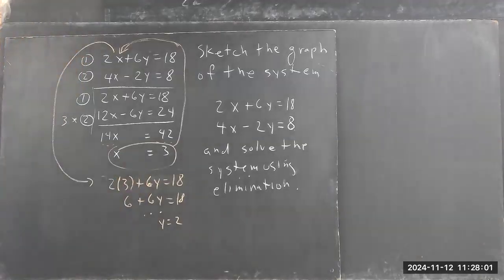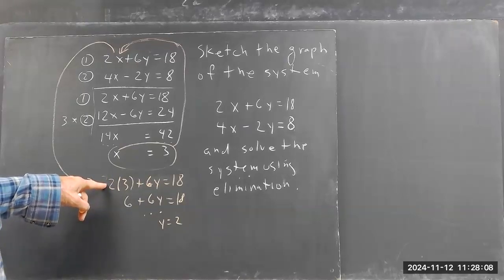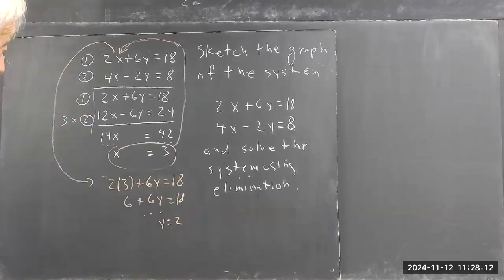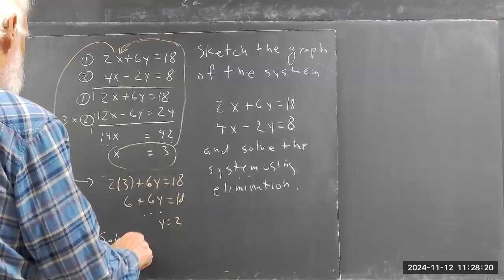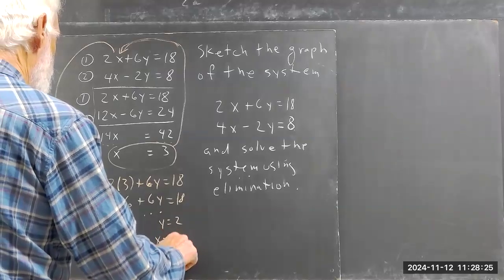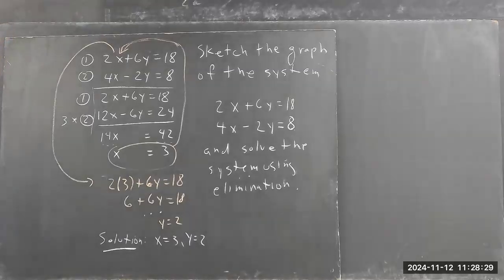Whether you see that in your head or not, you can easily fill that in. Once you get to this stage, you're home free, if you've done everything correctly. So the solution is x equals 3 and y equals 2.